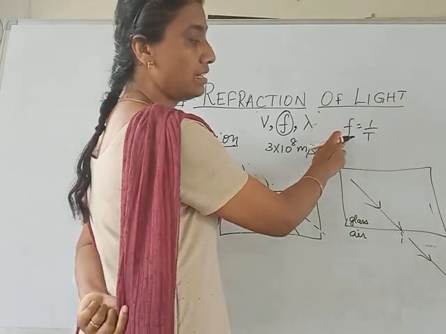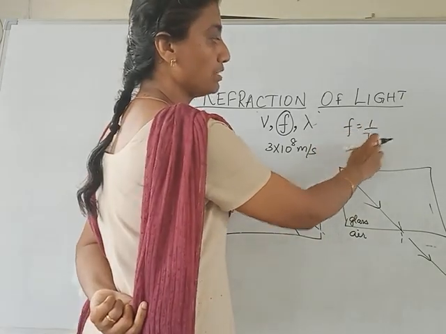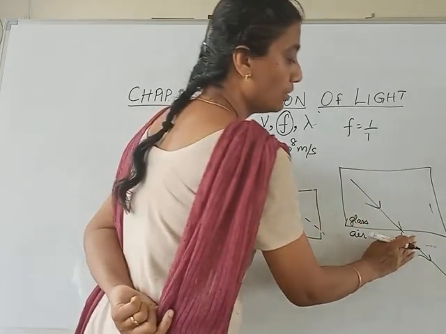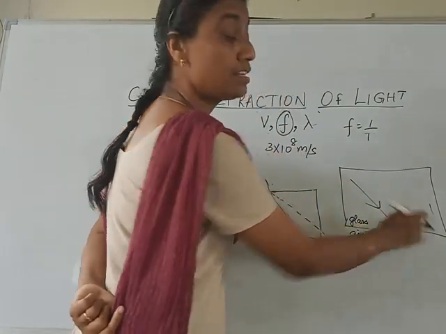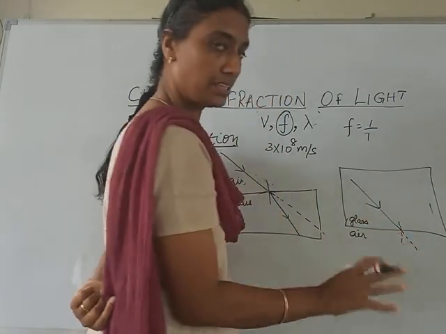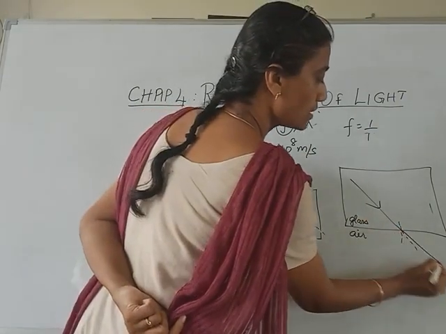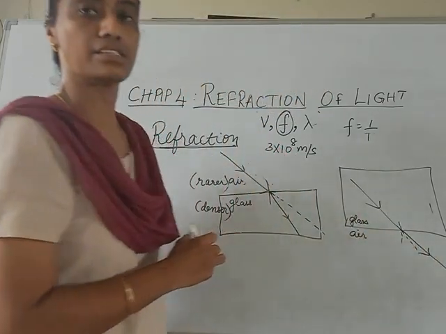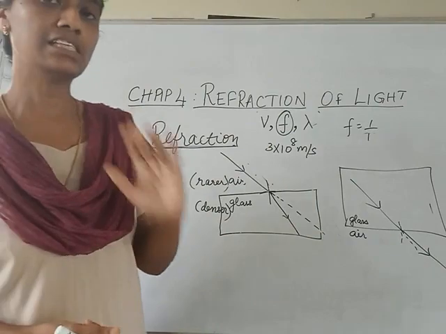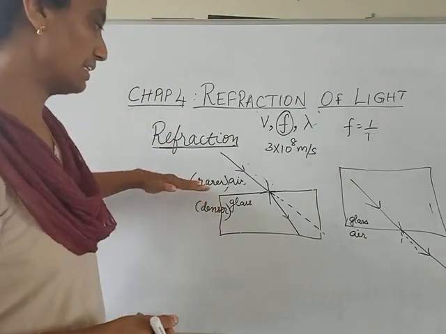So frequency will be different, but time period should be the same as it was for this one. So here it chooses a longer path. Okay, speed is more, but it has to finish in that particular time. So it chooses a longer path instead of a shorter path. So this leads me to the conclusion like this.